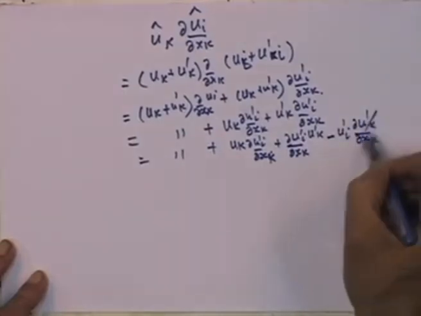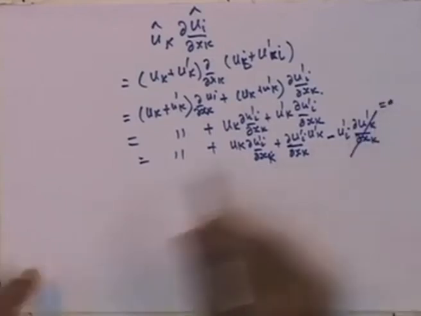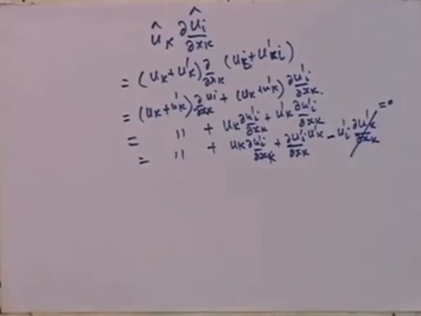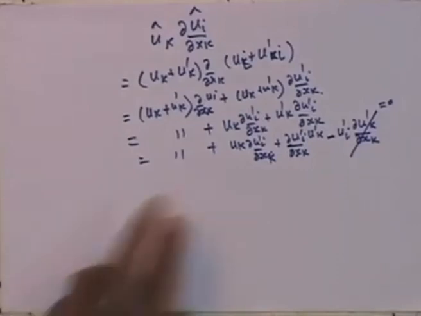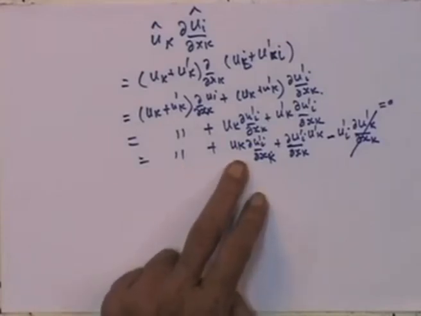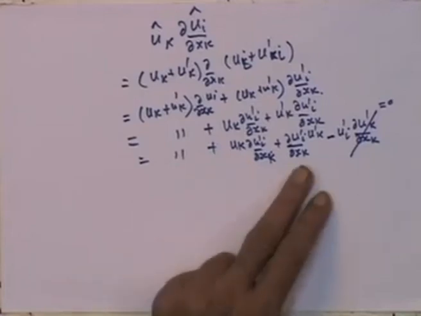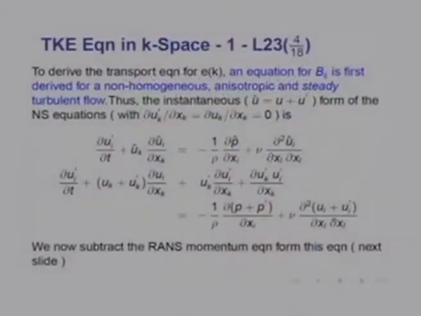Now, of course, that last term is 0 because of continuity, and you will see this is what I have written here. So, you have three terms: (U_k plus u'_k) dU_i/dx_k plus U_k du'_i/dx_k plus d(u'_k u'_i)/dx_k, equal to all that.